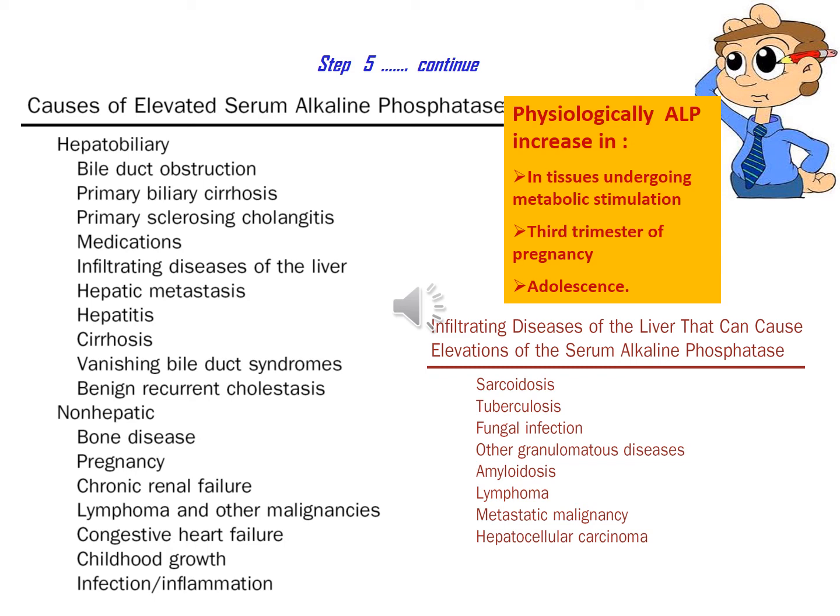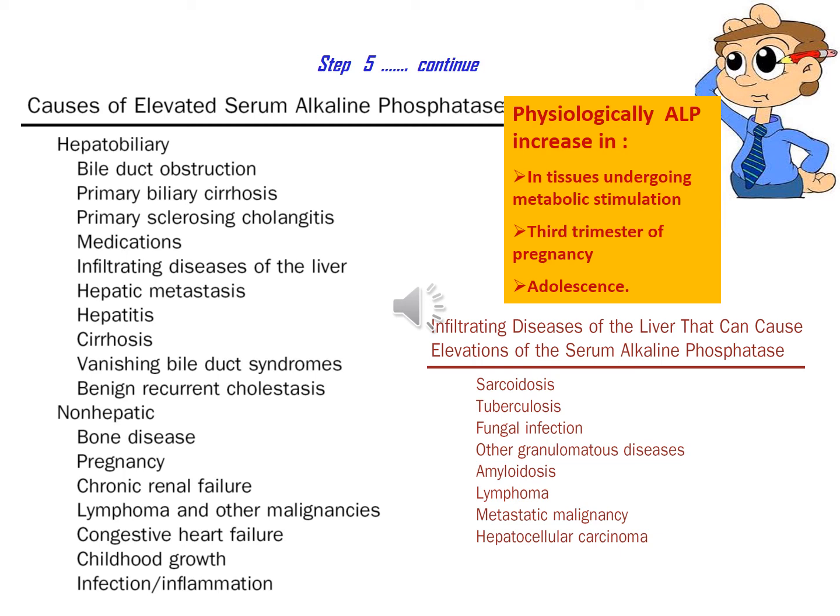It is also increased, but to a lesser extent, in hepatitis, cirrhosis, vanishing bile duct syndromes, and benign recurrent cholestasis. It may also increase from non-hepatic causes like bone disease, pregnancy, chronic renal failure, lymphoma and other malignancies, congestive heart failure, childhood growth, infection, and inflammation.